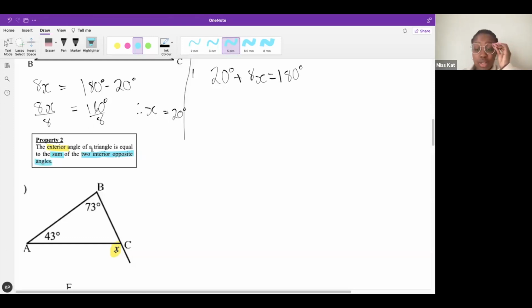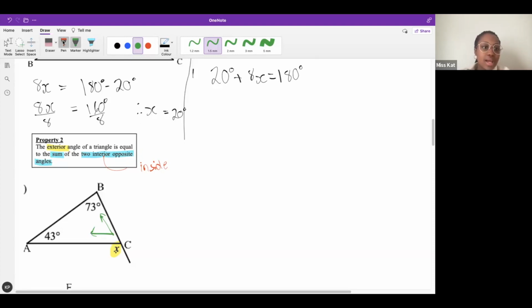That's a lot of words, right? Two interior opposite angles. So we know we're adding two angles. Those angles have to be on the inside. That's what interior means, right? So these two angles have to be on the inside. And they have to be opposite the one that is outside. So not adjacent, opposite. So that one over there and that one over there, those are the ones we are adding, not the one next to it.